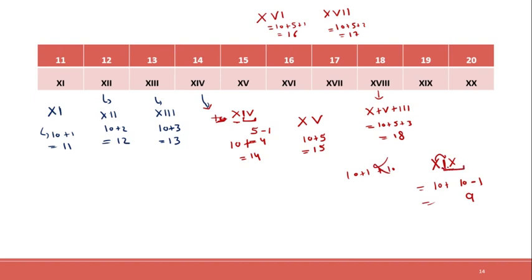The last two digits are a 1 and a 10. That means a 1 on the left of 10. That means 10 minus 1, 9, and plus this 10 here. So it became 19. For 20, we'll just write two 10s. 10 plus 10 equals 20. So I hope you got it very clearly.